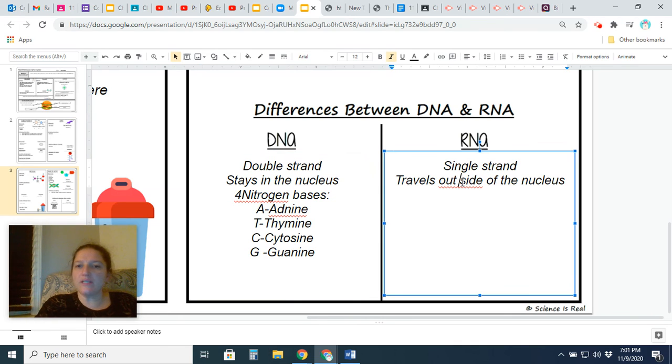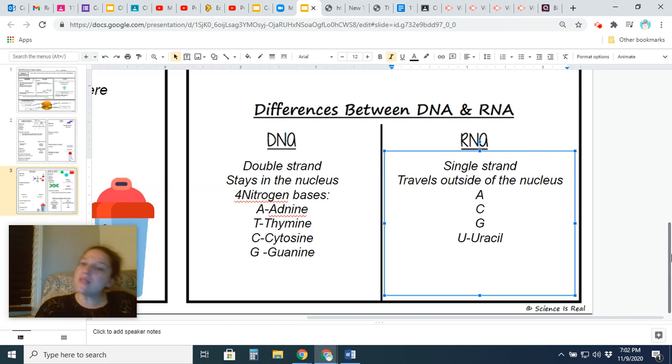RNA, much like DNA, still has A, still has C, and still has G, but instead of having a T, it has this thing called U, which stands for uracil.